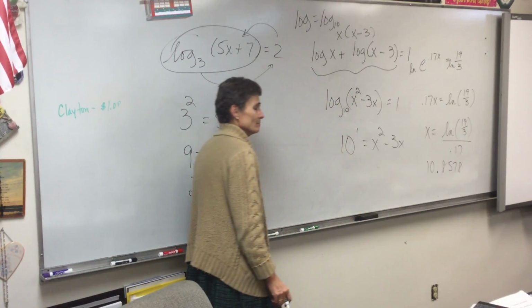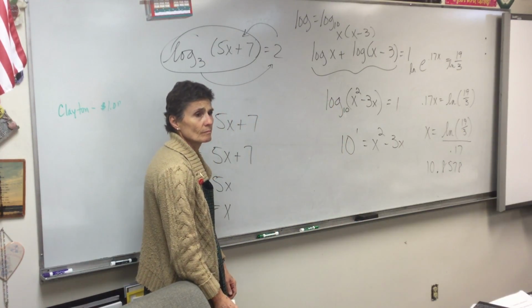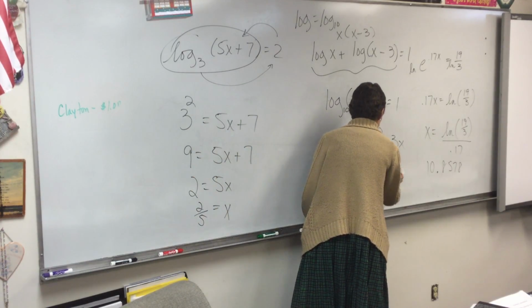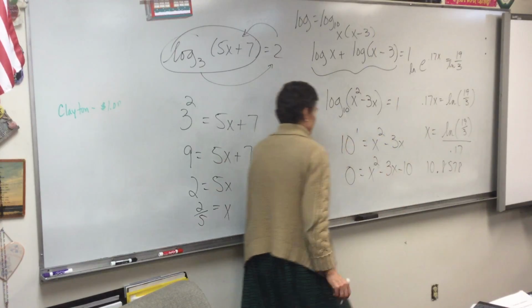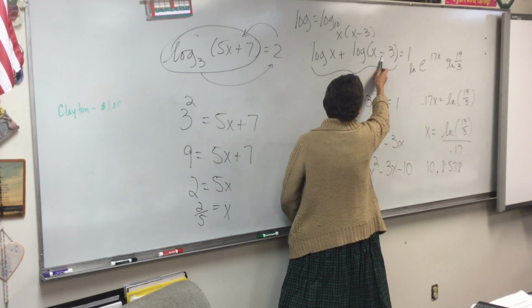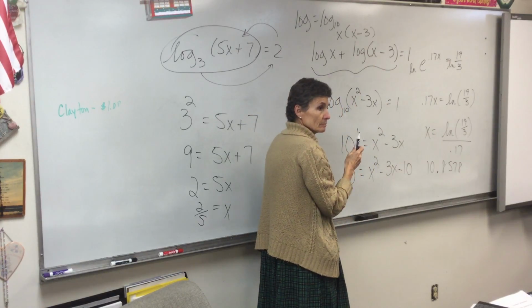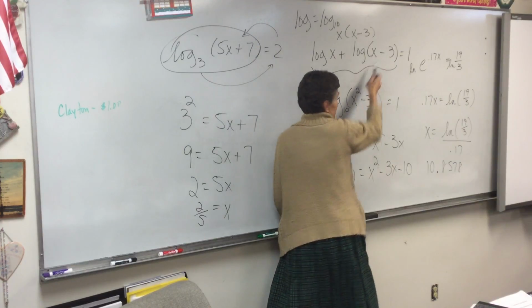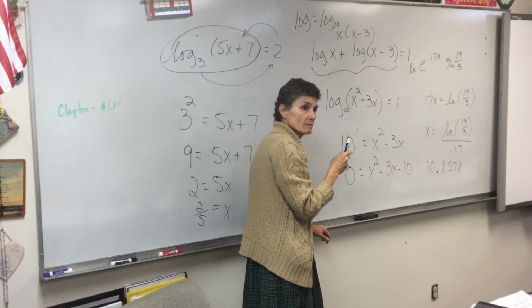What do I do with that? Subtract the 10 over. All right, we can do that. Wait, why is it minus 3? That's a subtraction there. Can you distribute the x?